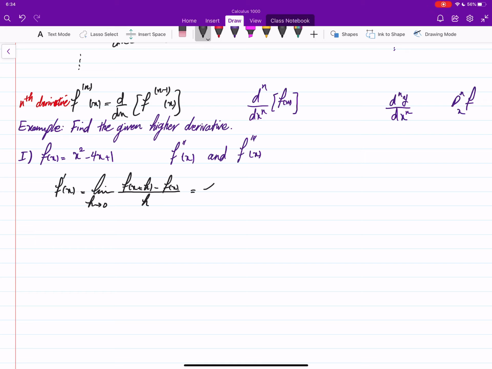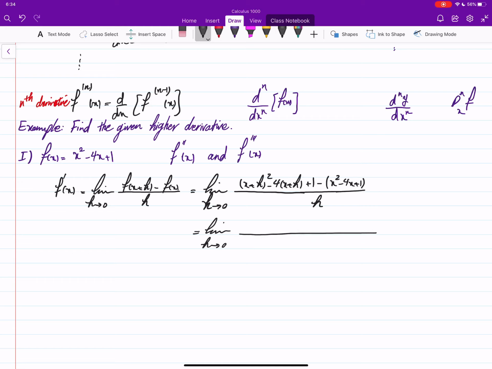And for this specific function, you see that I have (x plus h) squared minus 4(x plus h) plus 1 minus f of x, which is x squared minus 4x plus 1, over just h. In the numerator, you just expand these terms.